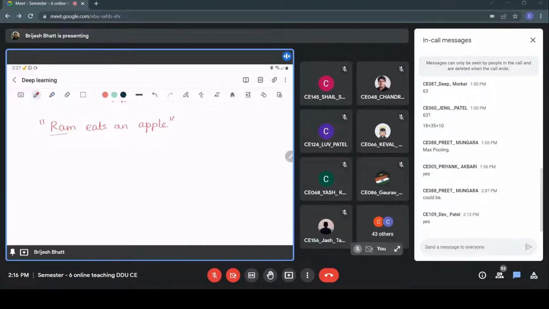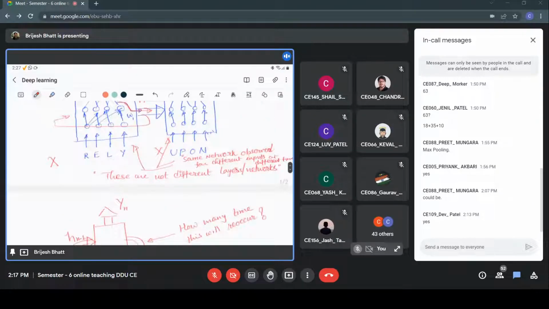You need to have a list of words and you need to decide the size of input. In case of CNN, we said that input size is the dimension of the image. If it is 28 cross 28, then 28 cross 28 would be the input size. What will be the input size here?